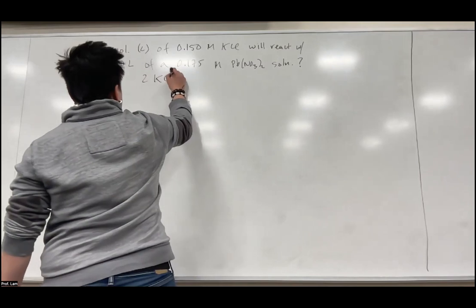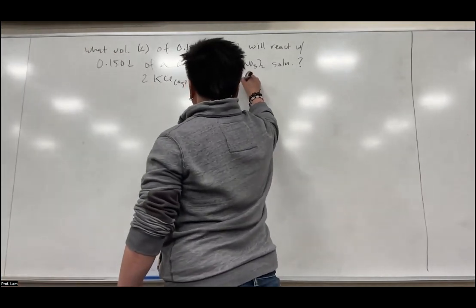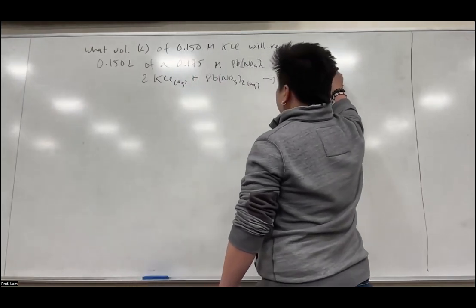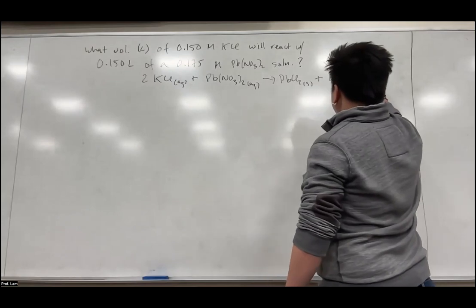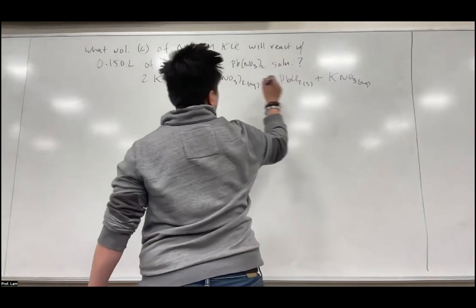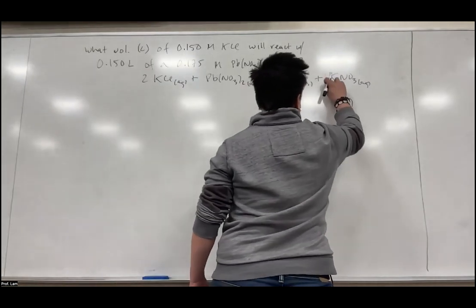So 2 KCl plus Pb(NO3)2 goes to PbCl2 plus 2 KNO3. And it goes 2, 1, 1, 2 for the balanced equation, right?